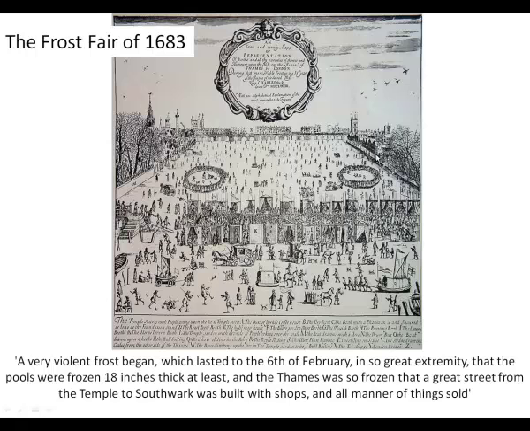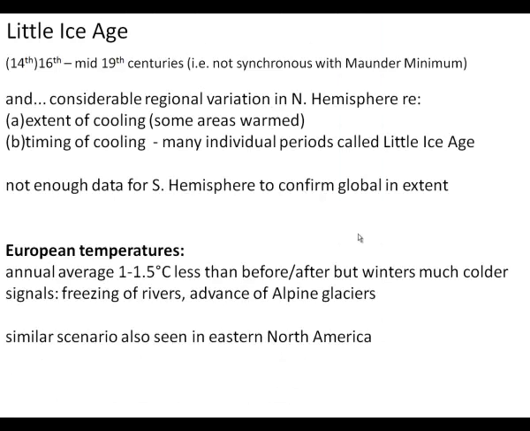So this is an interval in which we have historical records and artistic renderings of this climatic phenomenon. And it illustrates the importance of art, of illustration, of written record as a mechanism of documenting climate change in an interval of time when we don't have an instrumental record. So in summary, the Little Ice Age, and it really depends what definition of it you use.